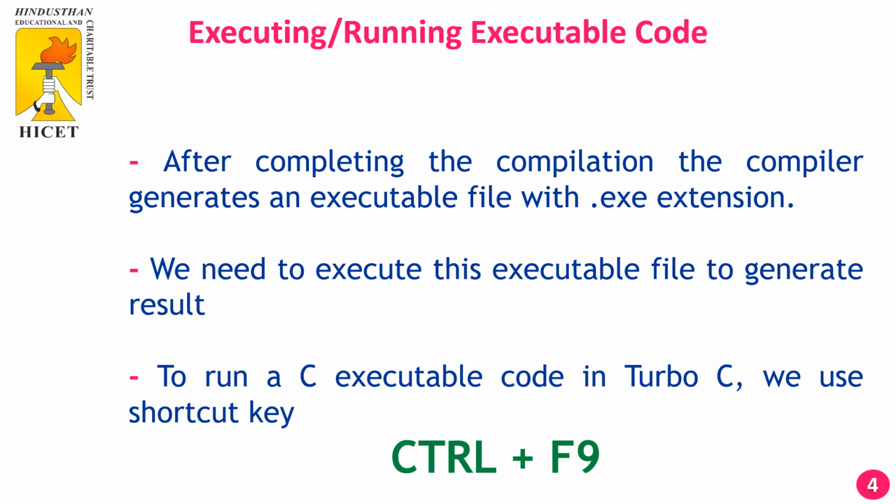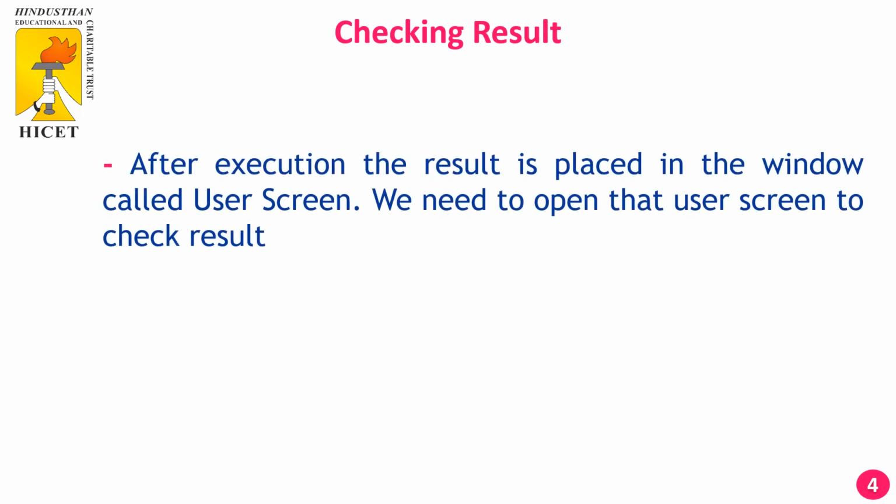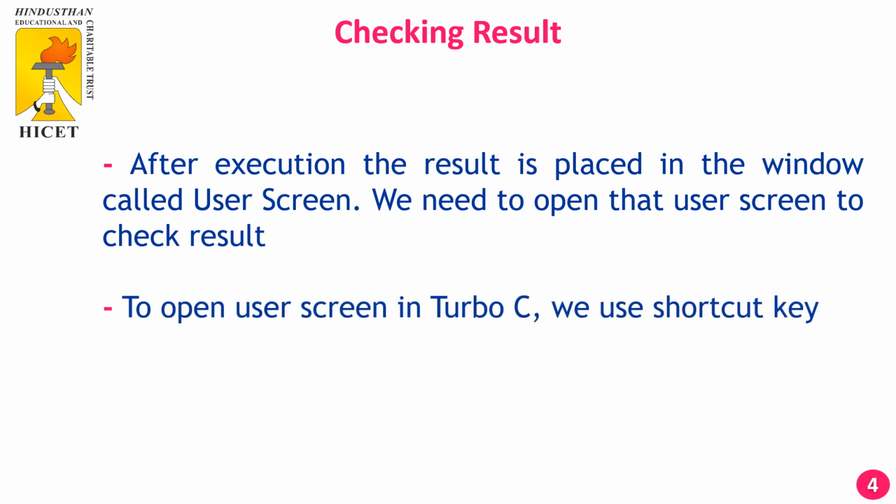To run a C executable code, we use the shortcut key Ctrl plus F9. The next step in our execution process is checking the result. After execution, the result is placed in the window called the user screen. We need to open that screen and check the result. The shortcut key used to open that screen is Alt plus F5.